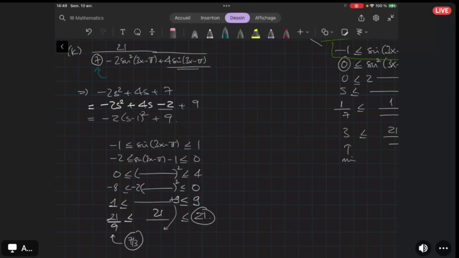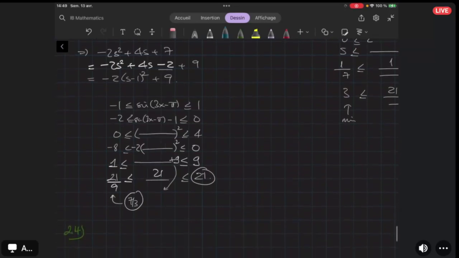Gotcha. I didn't want to do question 2 because it's a bit of a pain. So let's just do 4. Do we want to do 4 or do we want to jump straight to 5?